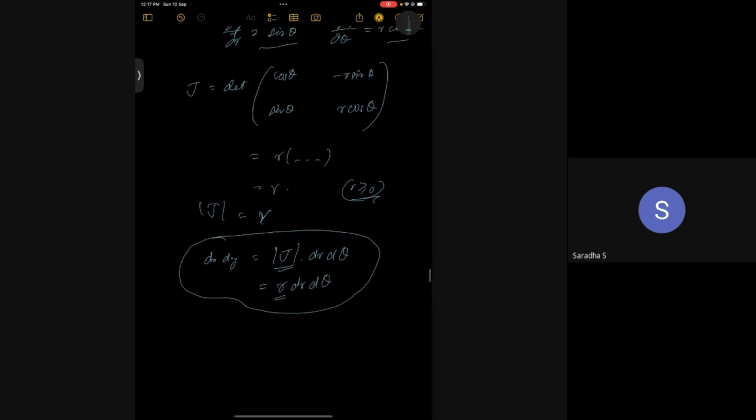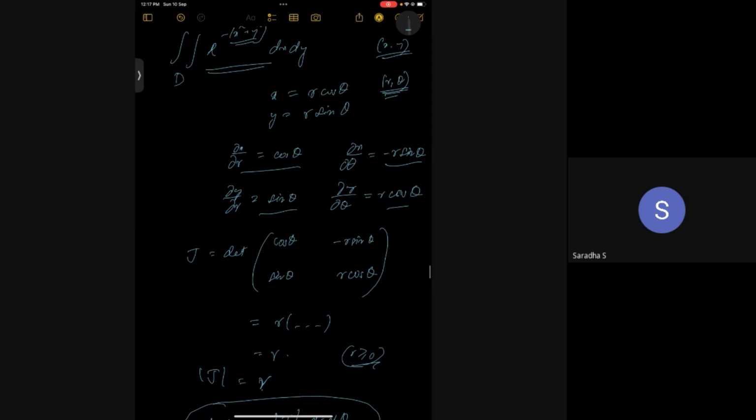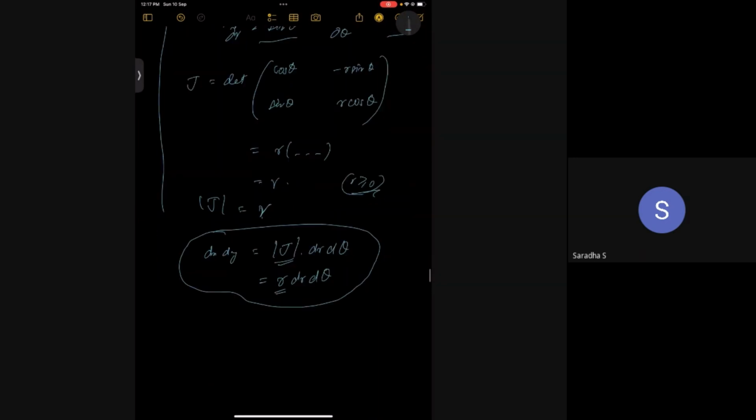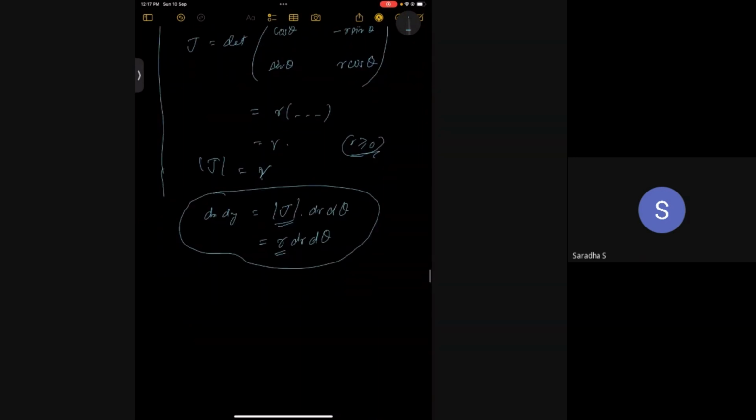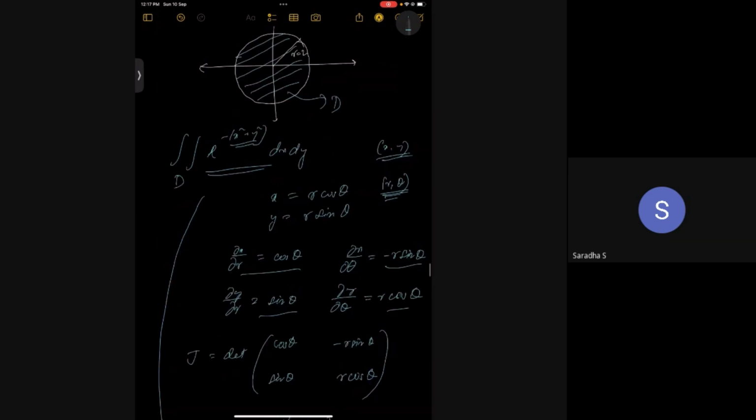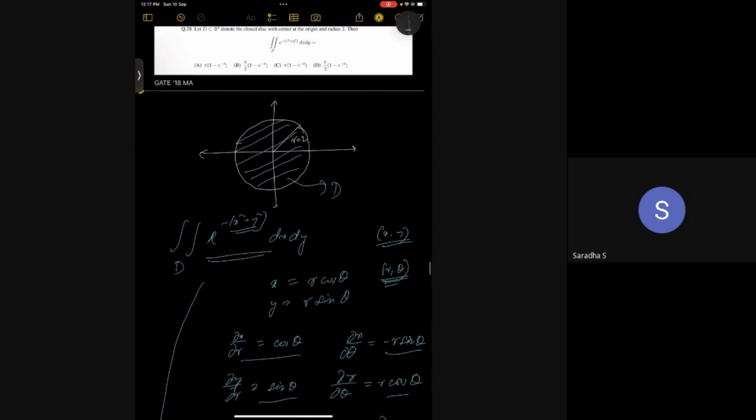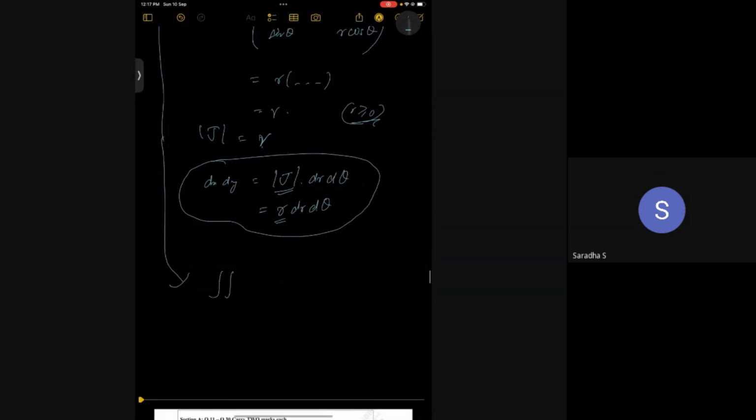Okay, so this double integral will now become the double integral of e power minus r squared into r dr d theta.